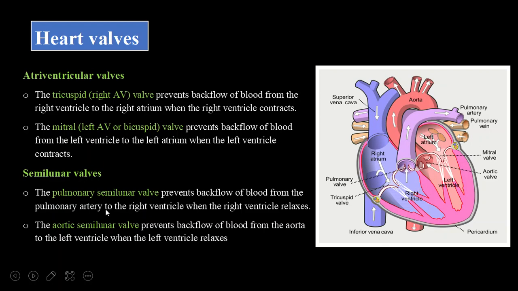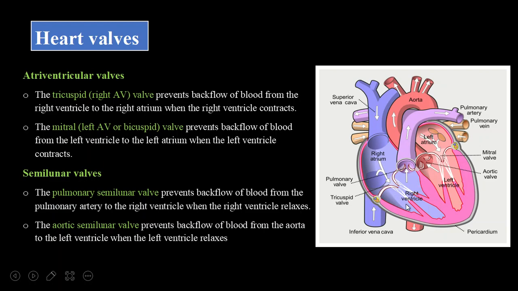So, we have the semilunar valves. Itong pulmonary semilunar valve and the aortic semilunar valve. So, lahat ng valve na ito, they prevent backflow. The pulmonary valve also prevents backflow of blood from the pulmonary artery to the right ventricle when the right ventricle relaxes.